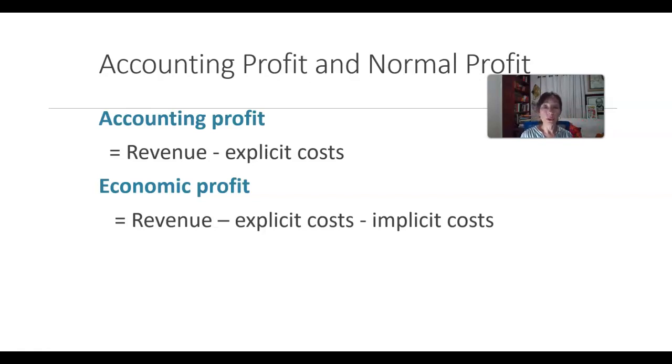Now, that would, of course, beg the question, well, what is revenue? Where do we get that from? Well, revenue is the amount of product that is being sold times the price that you sell it at. So if you are in the lemonade business and you sell 10 glasses of lemonade for $1 each, that means your total revenue is $10.